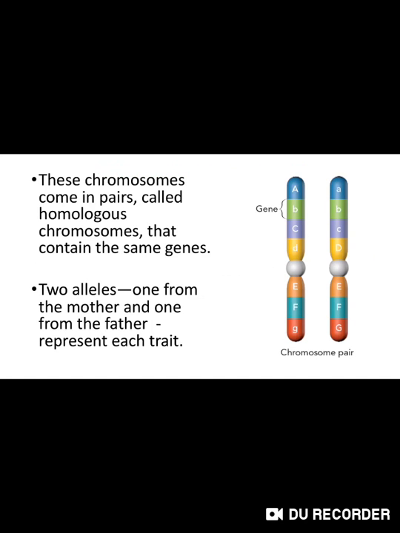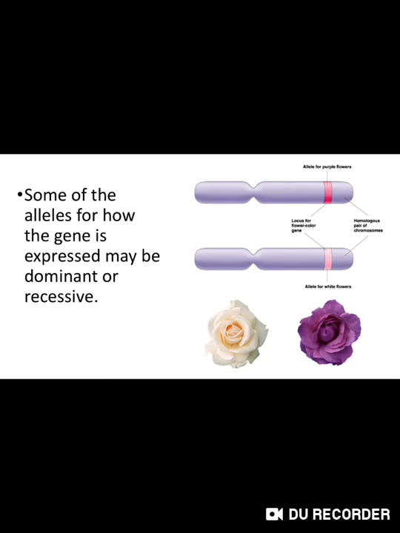These chromosomes come in pairs, and they are called homologous chromosomes that contain the same genes. Two alleles, one from the mother and one from the father, represent each trait. Some of the alleles for how the gene is expressed may be dominant or recessive.